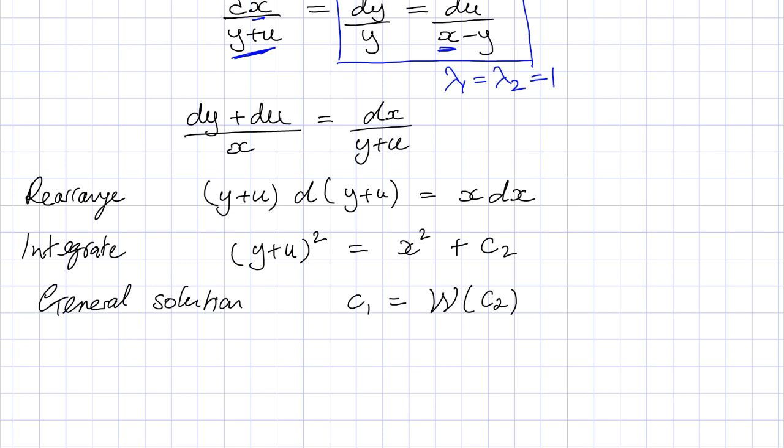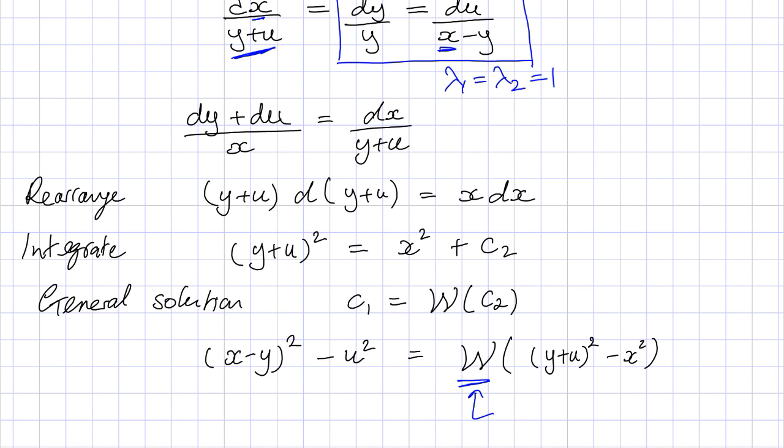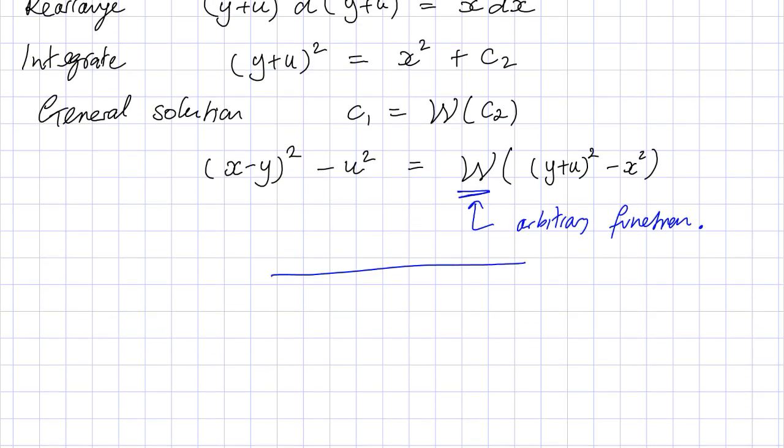And so for the case in hand, I've got x minus y all squared minus u squared equals an arbitrary function of y plus u all squared minus x squared. And as I always say, if you introduce some random symbol, tell me what it is. So this is an arbitrary function. Okay, finished.